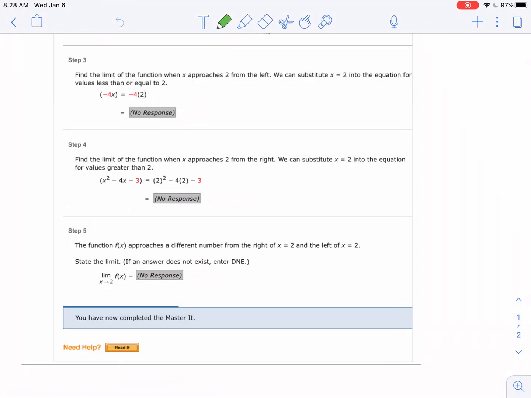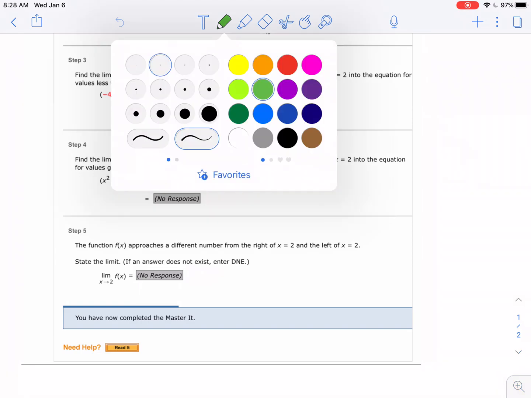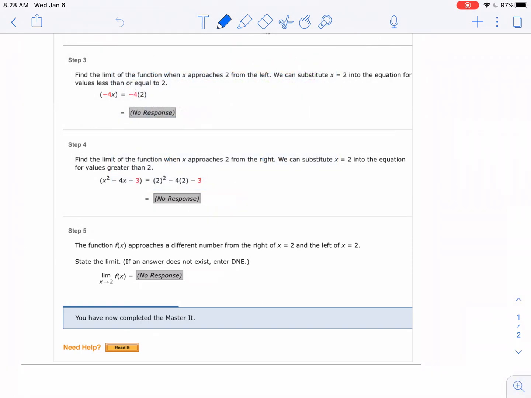Then we go into what is called a two-sided limit. So if I'm approaching from the left, that's using that y equals negative 4x graph. The numbers that are smaller, left of 2, are smaller, so that's why I picked this one. And what they're doing is they write the function down and then they put a 2 in. And what do you get?